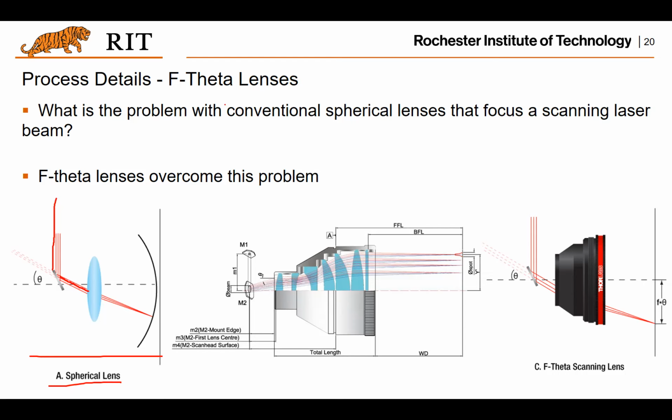So instead, we have such an F-theta lens. These F-theta lenses are a series of lenses which essentially compensate for this effect. It will make the focus of the laser still lie on a 2D plane, and that's where you want to put your layer.